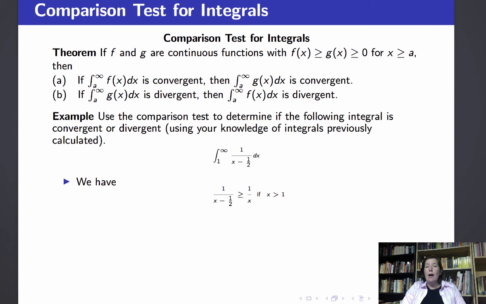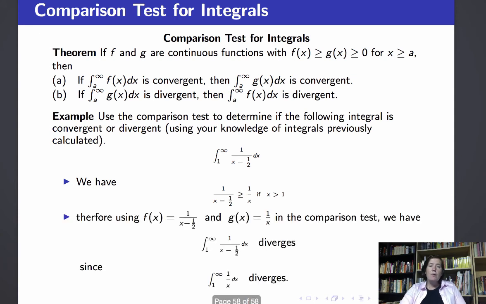x minus 1/2 is less than or equal to x for x between 1 and infinity, and therefore 1 over x minus 1/2 is bigger than or equal to 1 over x for x between 1 and infinity, and therefore the integral from 1 to infinity of 1 over x minus 1/2 is bigger than or equal to the integral from 1 to infinity of 1 over x, which we know diverges.